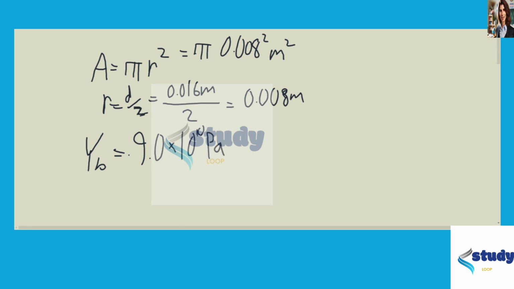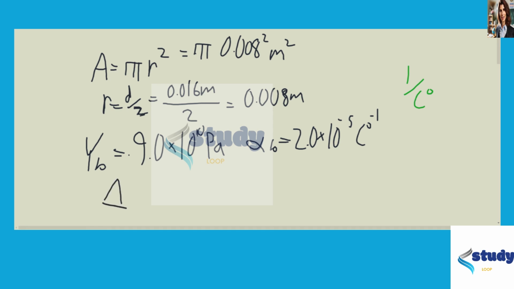And our coefficient of linear expansion, for brass, go to the table, and it is 2.0 times 10 to the negative 5th per degree Celsius. So that's kind of a weird unit, but it basically is like per degree Celsius. It'll cancel out the degree Celsius.